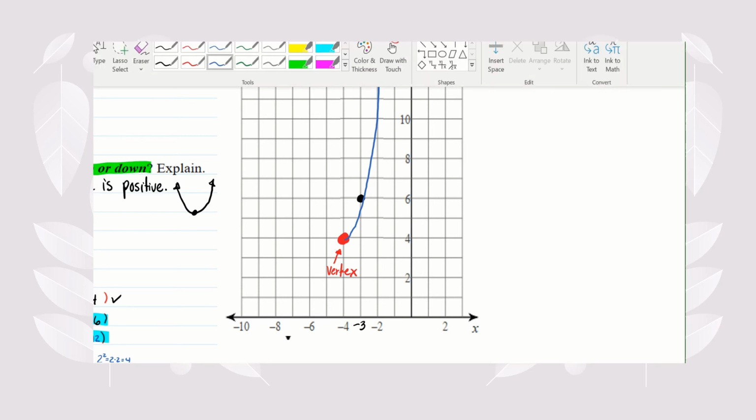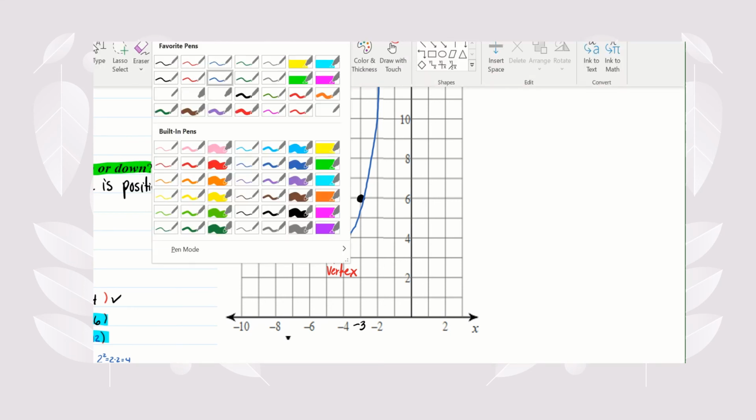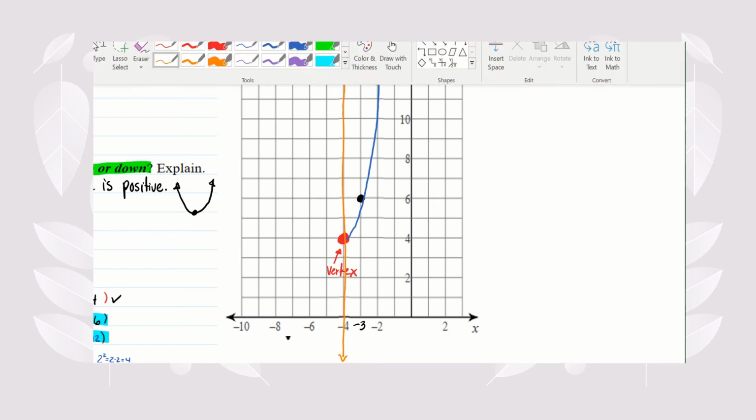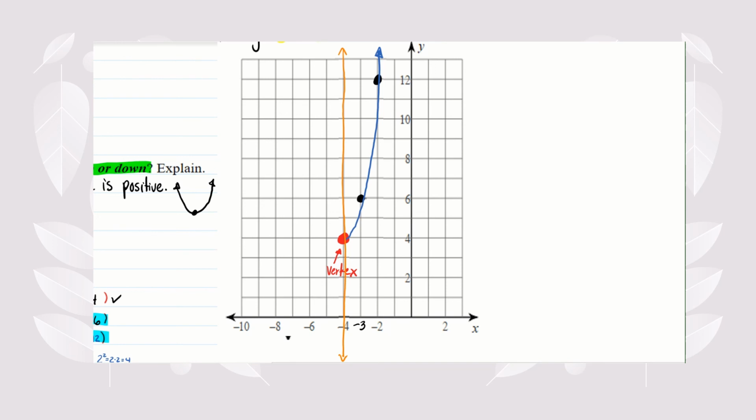We need at least one point on the left side, and we're going to use the axis of symmetry to get the other points on the left side of the parabola. That line splits the parabola in half, which means whatever was going on the right is going to be the same on the left. So since we have a point to the right of the line, then we have a point to the left of the line.